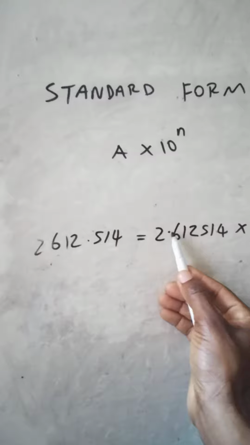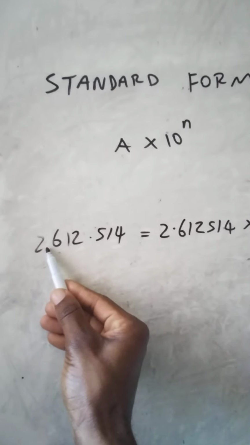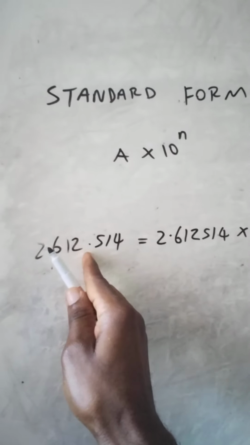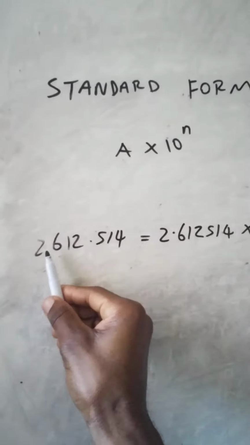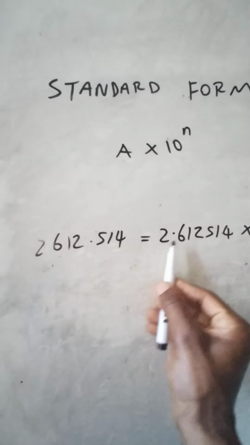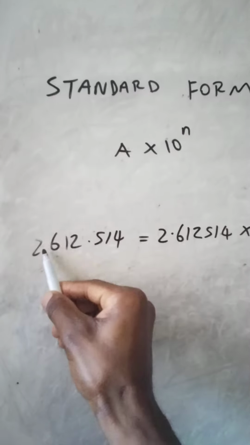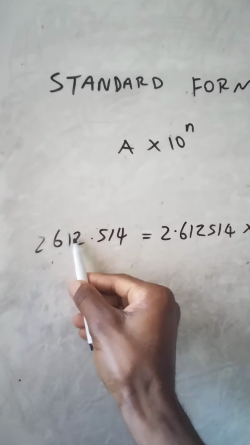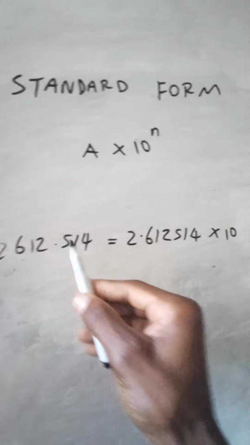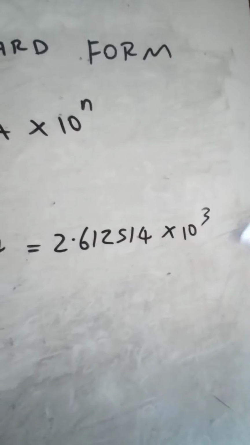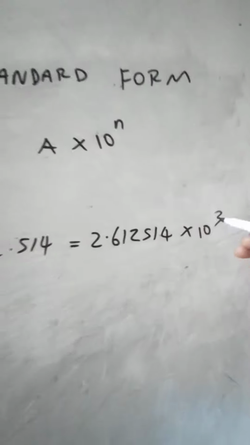Now which direction do I need to go to get back to the original point? The point is here now based on this number. So you say, okay, 1, 2, 3. So I move 3 places to the right. Because it's to the right, it's going to be positive.